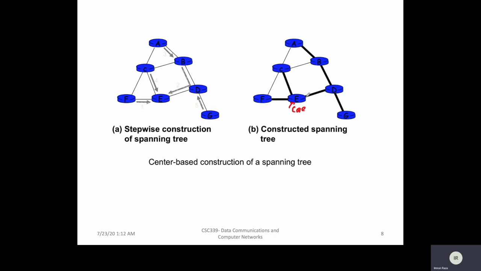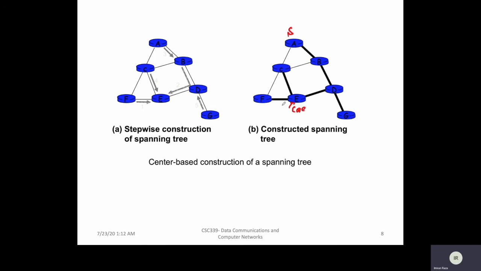E. Okay, so this is how different machines are joining this core or the center, the rendezvous point to make a tree. So in this case, no matter which node is the source node, the same tree will be followed. For example, if A is the source, this is the tree that will be followed.